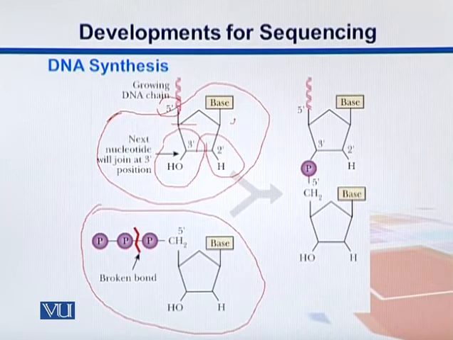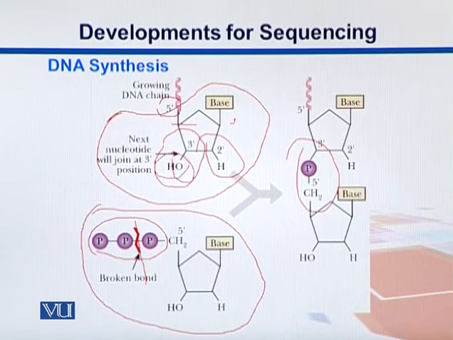It's a triphosphate, basically labeled as dNTP, a deoxynucleotide triphosphate, because there are 3 phosphate groups present. Two of them break away and are released as a pyrophosphate molecule, and then this nucleotide attaches to the 3 prime position of the previous nucleotide. So the presence of this OH group is critical for the attachment of the new nucleotide to the growing chain.